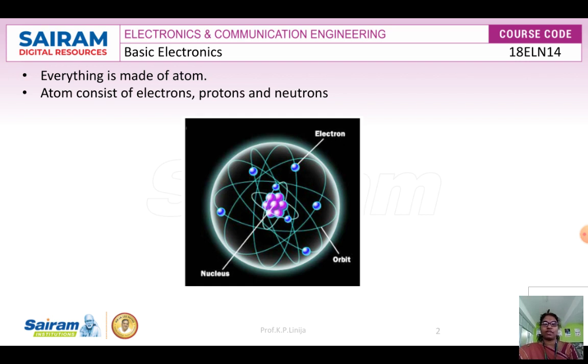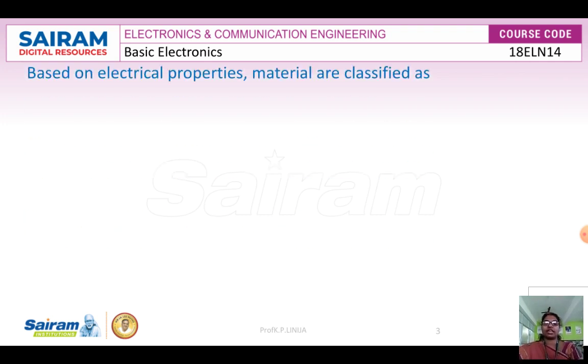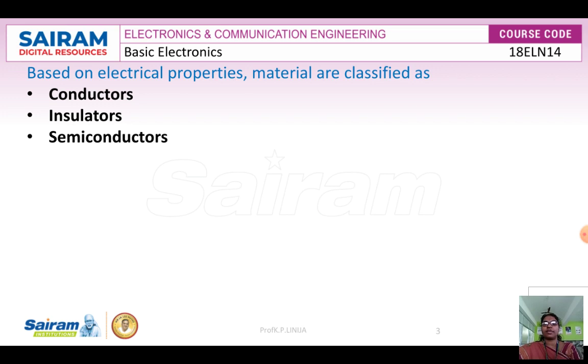Then, let us discuss the electrical properties. Based on electrical properties, materials are classified into three types: conductor, insulator, and semiconductor.